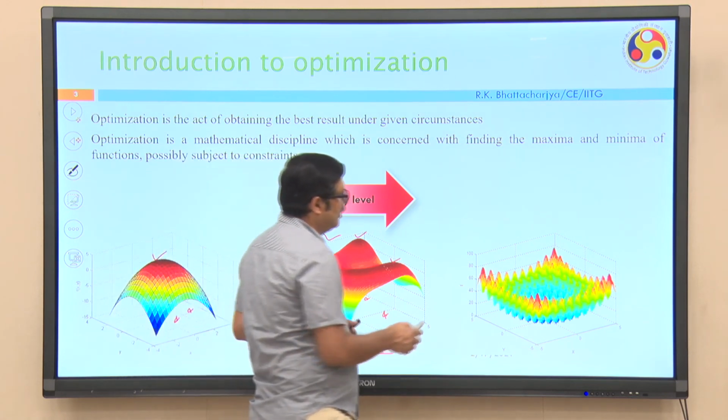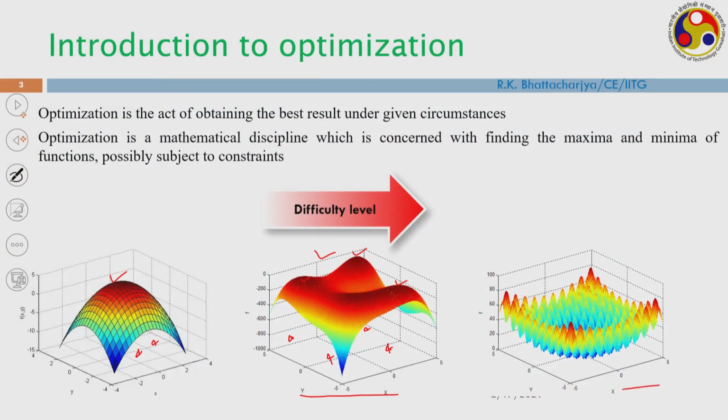However, if you look at the third problem, that is not an easy problem. There are several local optimal solutions, and one of them is the global optimal solution of this function. It is quite difficult to solve this problem using a classical optimization technique.